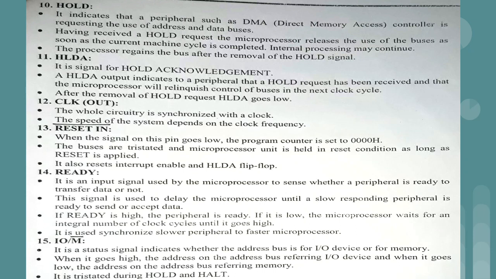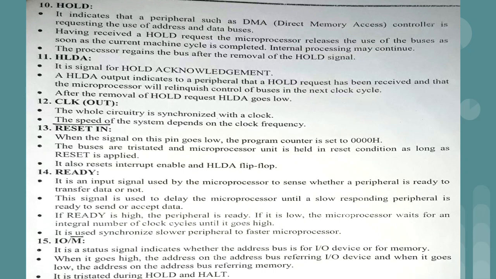Having received a hold request, the microprocessor releases the use of buses as soon as the current machine cycle is completed. Internal processing may continue. The processor regains the bus after the removal of the hold signal. Normally, if the DMA controller wants to use the address buses and data buses, it will generate the hold request.